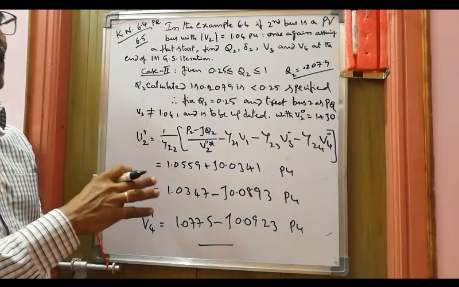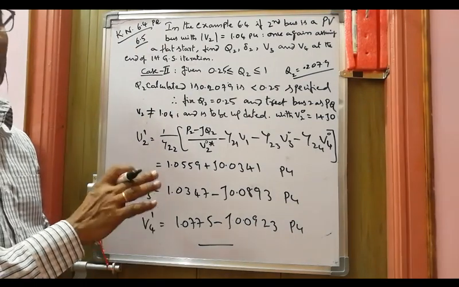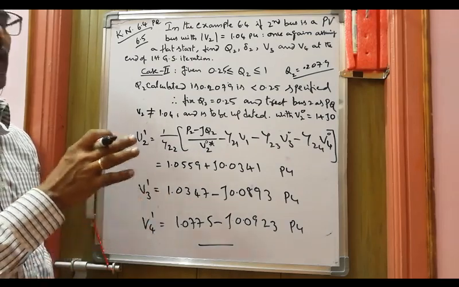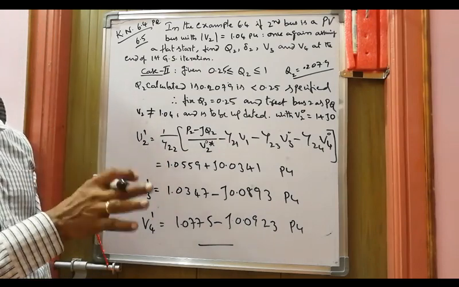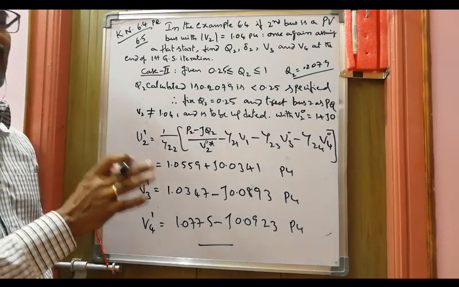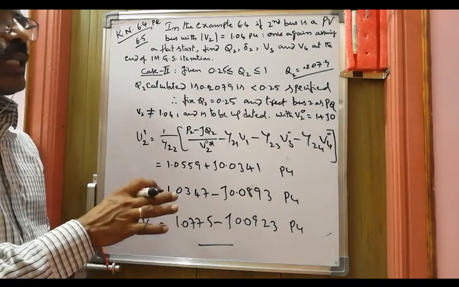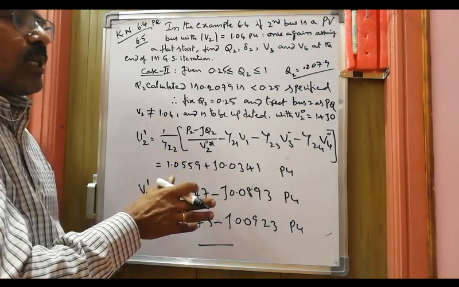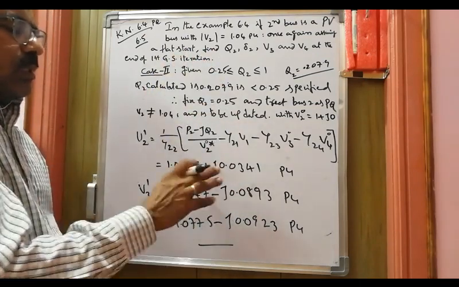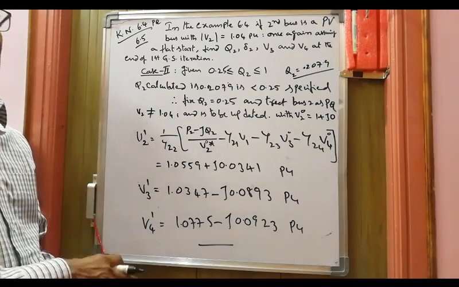Try to understand each and every step. But just looking at the textbook is not sufficient. You need to work it out on your own with your own calculators. I repeat this again and again. Do it yourself, and then compare the results. So with all PV buses, that is the first case.